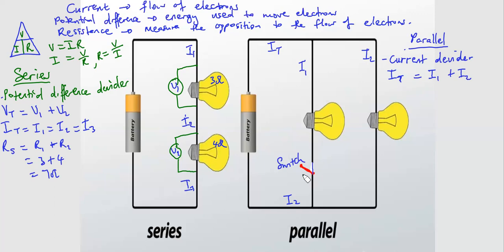But what happens if I add another bulb here? Let me just add another bulb. I will show you why I'm putting this bulb. If we open the switch, we will be left with a series connection. But if we close the switch, it will leave us with a parallel connection.